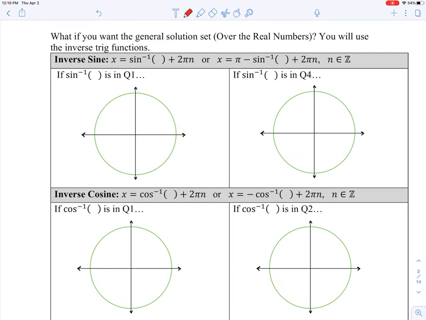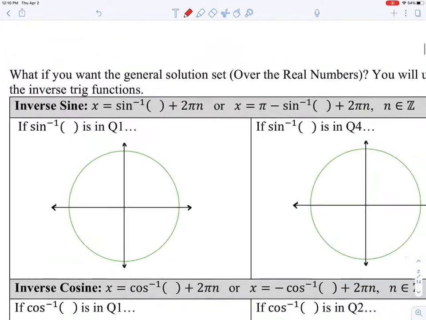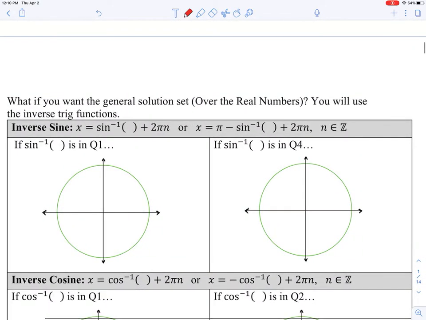Okay, so if you get your equation to be sine of x, or it could be a more complicated argument, and we'll go through some examples of that. But let's say you get to sine of something equals a number.